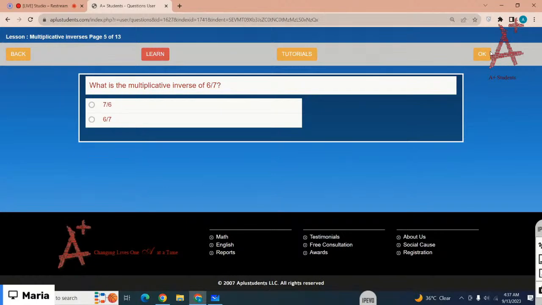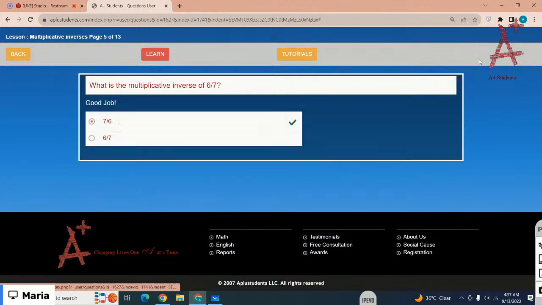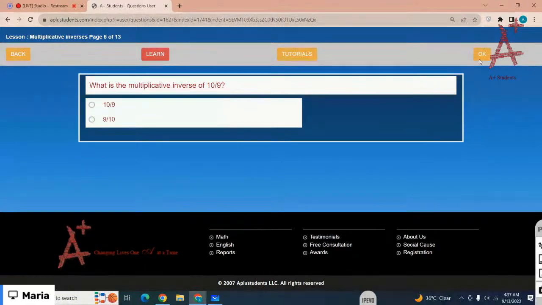What is the multiplicative inverse of 6 over 7? Yes, that would be 7 over 6. Option number 1 is the correct option. What is the multiplicative inverse of 10 over 9, which is the correct option?